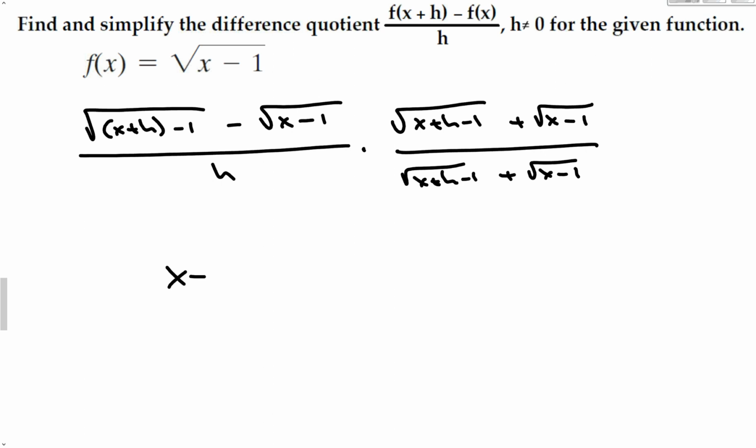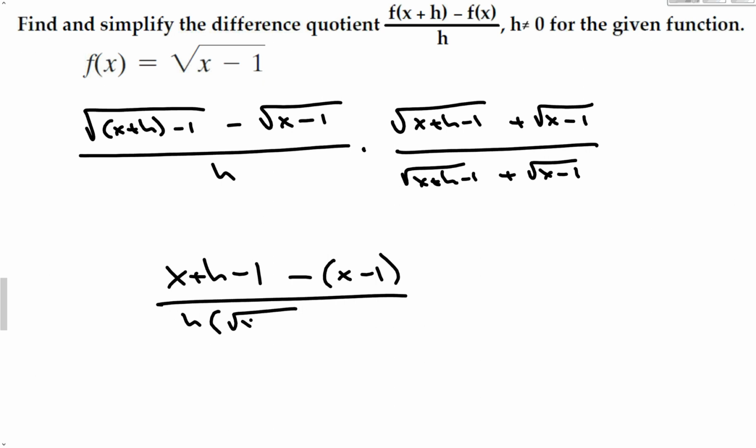So we're left with x plus h minus 1 minus both of them, x minus 1, all over h times this plus this. We're just going to leave that non-multiplied together: the square root of x plus h minus 1 plus the square root of x minus 1. That's all I did; I'm just distributing the h to both of them.